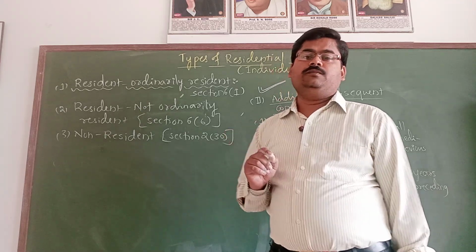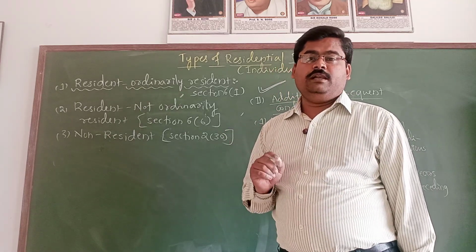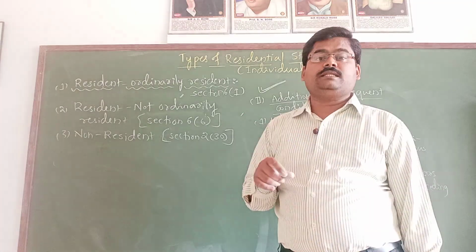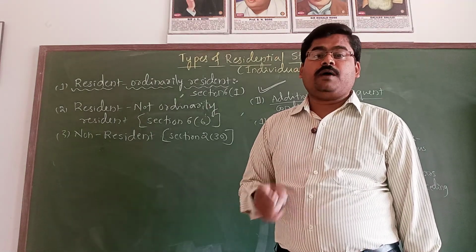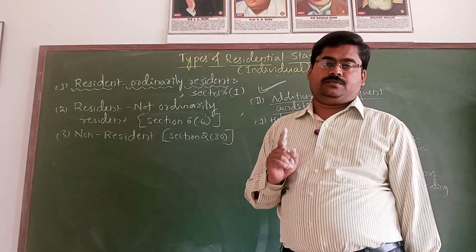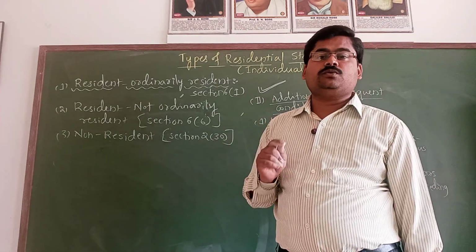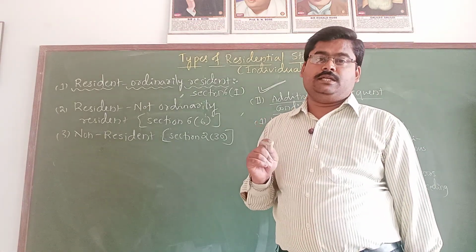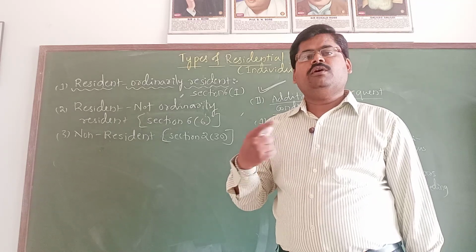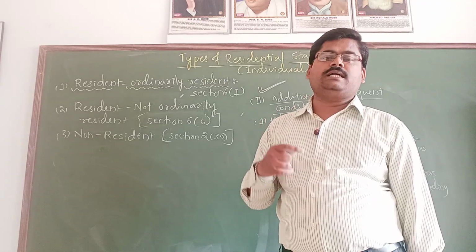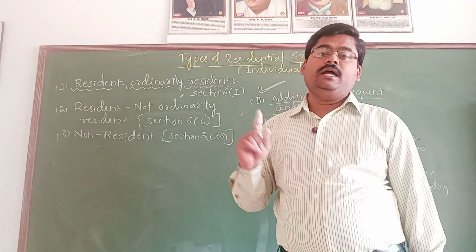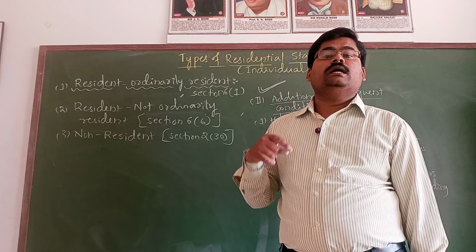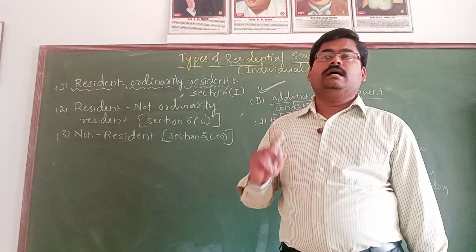He is the resident who fulfills any one of the basic conditions, but does not satisfy the additional conditions. Then that person is called RNOR, resident not ordinarily resident.